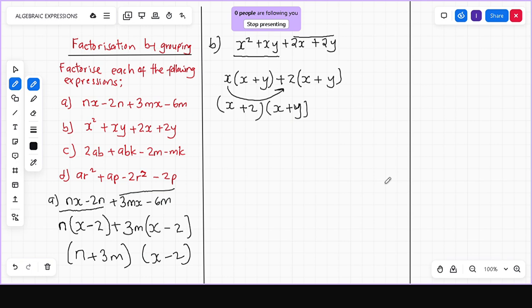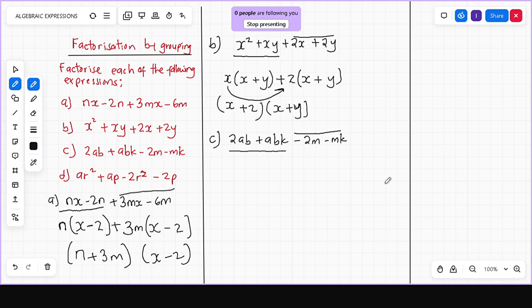Then part C, 2ab plus abk minus 2m minus mk. Again, I'm going to pair the first part, then the second part starts from this negative.